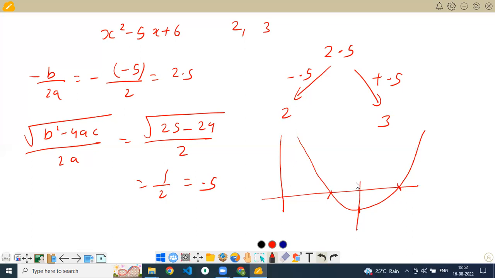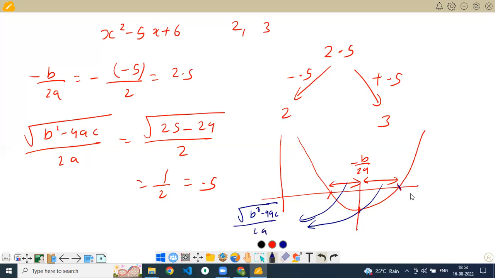That middle point is minus b by 2a, and the length on both the sides is square root of b square minus 4ac by 2a.